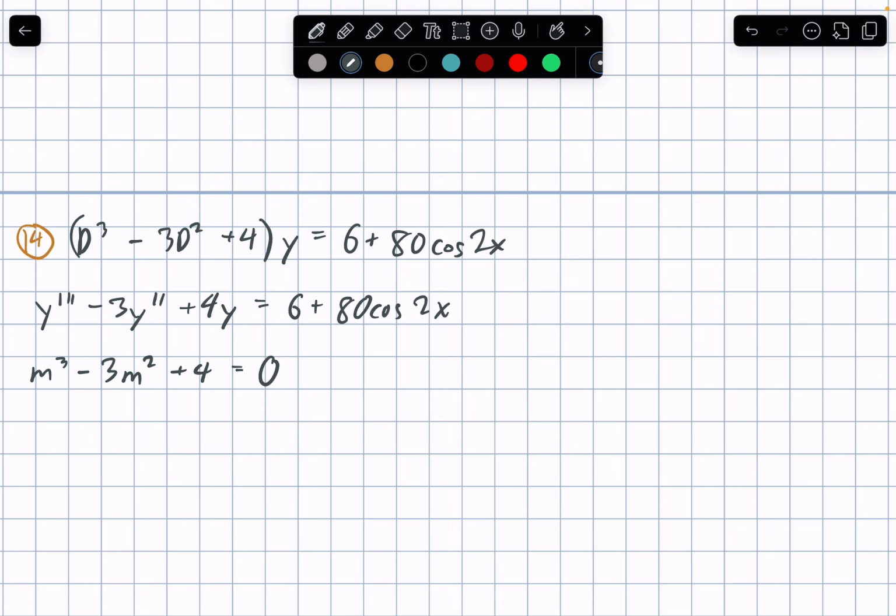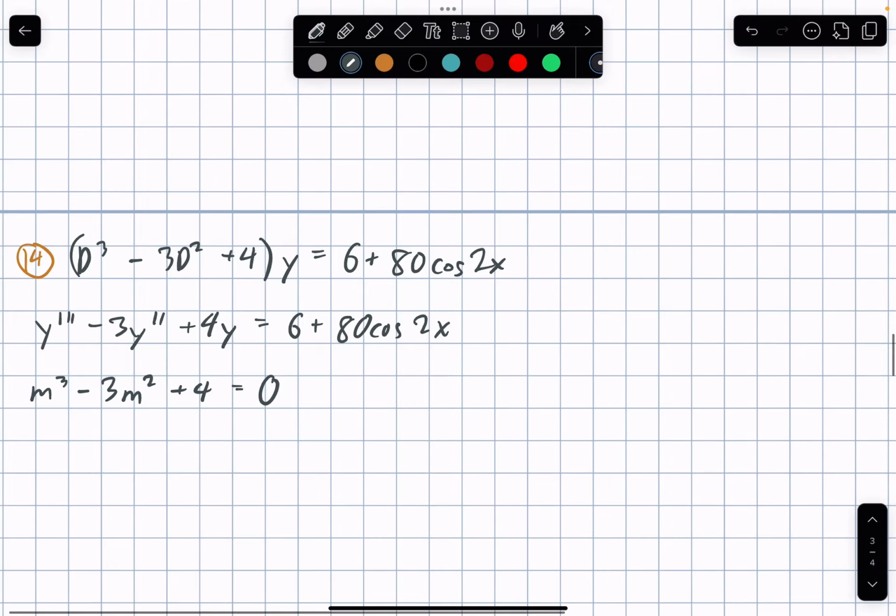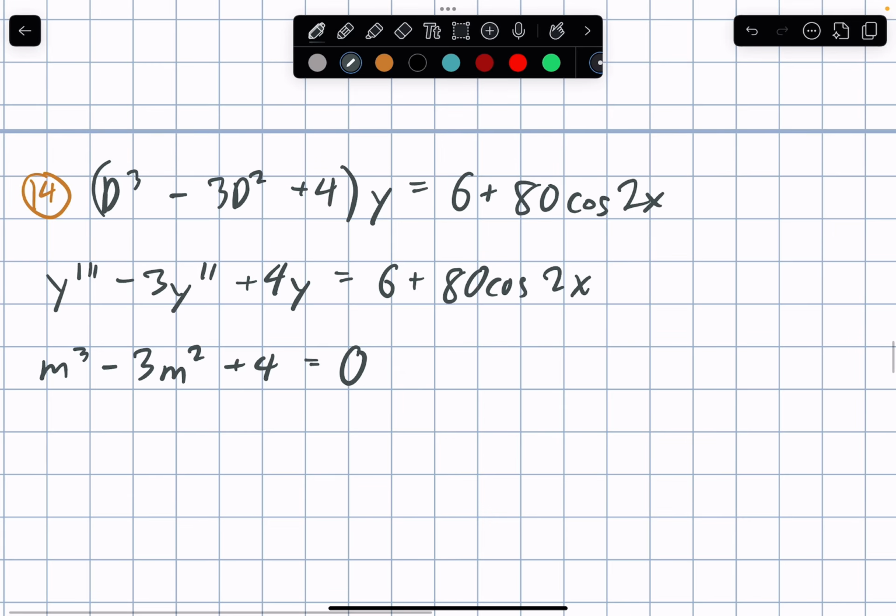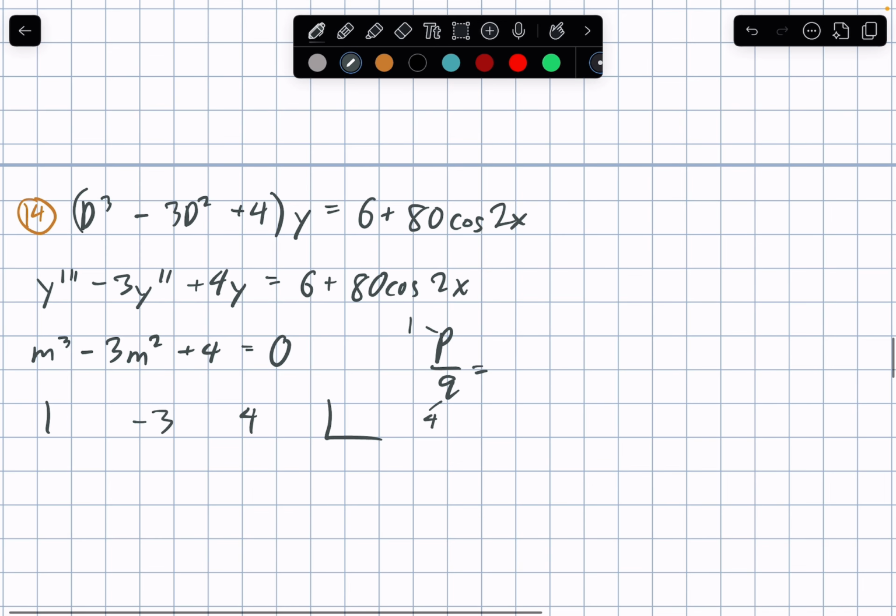How do we find the roots if we have this kind of equation? Let's try synthetic division. Plus minus 1. I think that's all I can think of right now. Let's try negative 1.